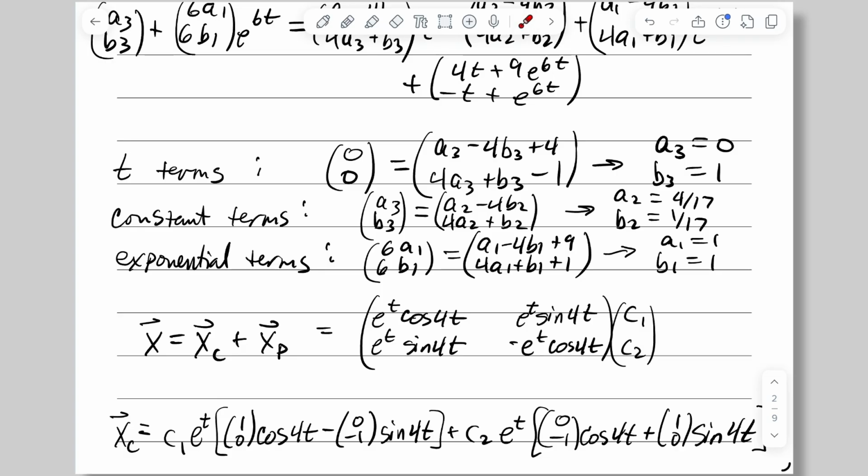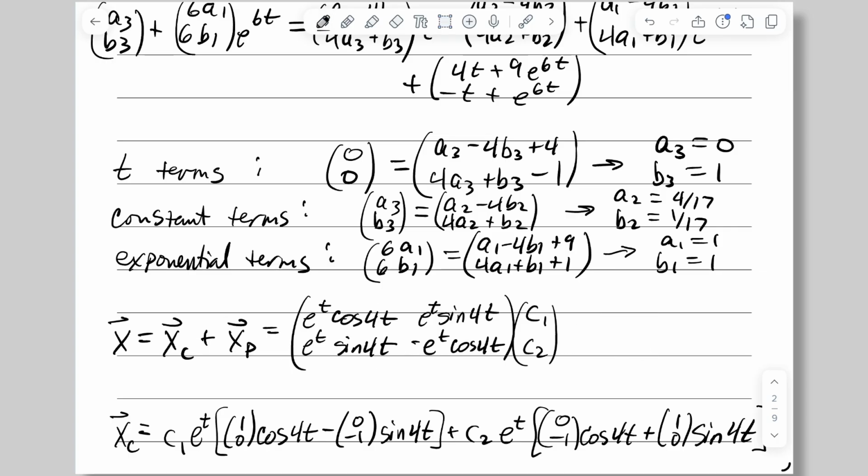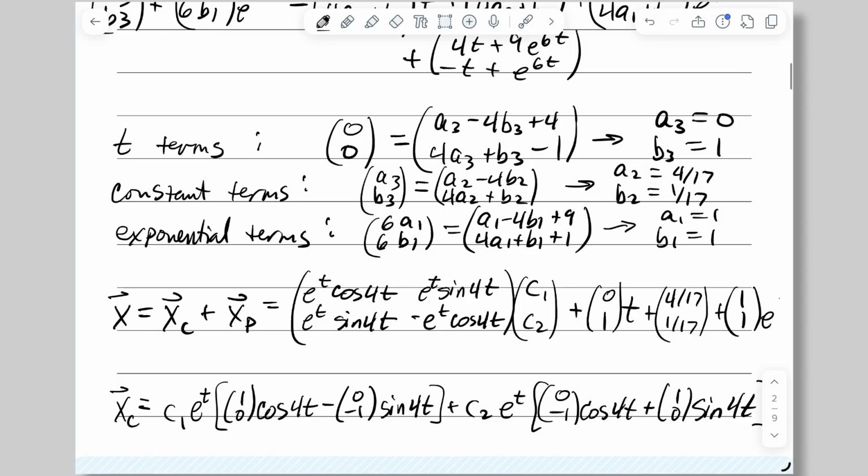Because of how matrix multiplication works, that gives me c1 e to the t cosine 4t plus c2 e to the t sine 4t, which is exactly what we would get if we cleared all the parentheses and brackets and wrote things down as vectors. That's our complementary function. And then the particular solution that we got from undetermined coefficients is 0, 1 times t plus 4/17, 1/17 plus 1, 1 e to the 6t.